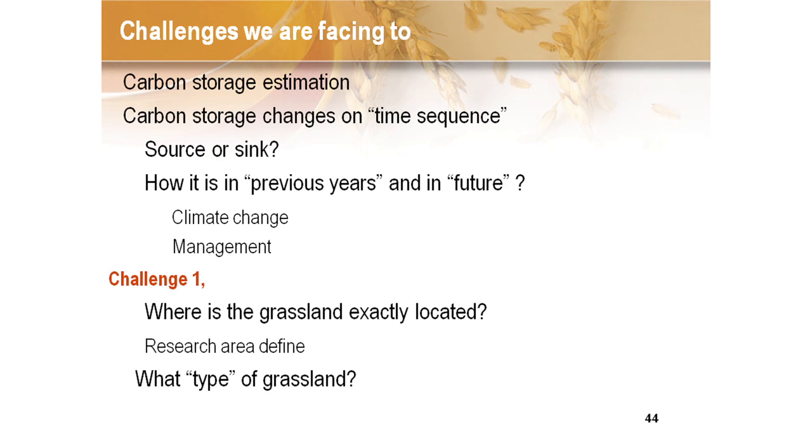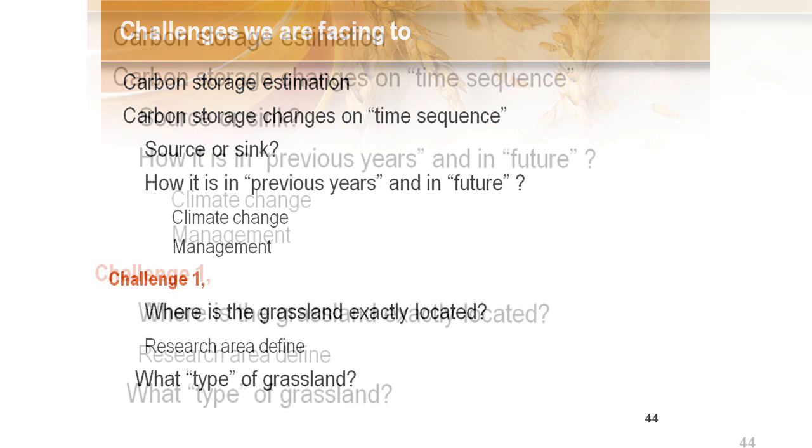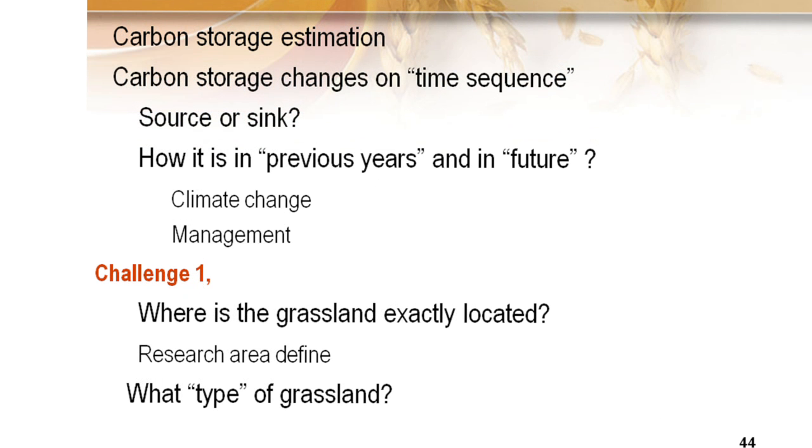Facing these situations and problems, what kind of challenges are we facing and how do we solve the problem? The first two questions are our most pressing concern right now. The first one is the carbon storage estimation, the current state, and another one is the carbon storage change over a time sequence.